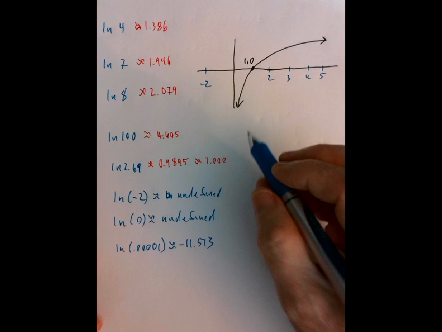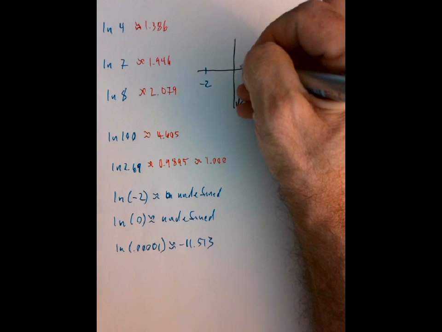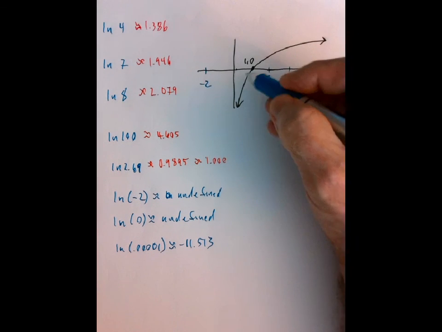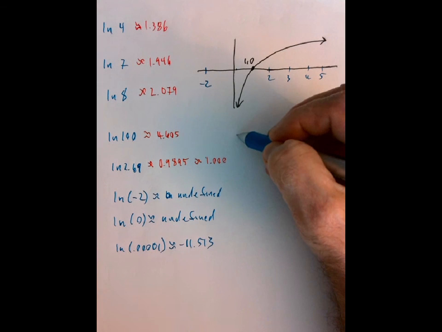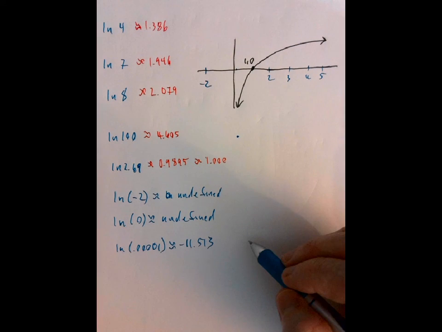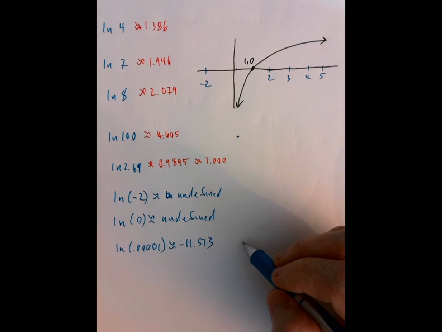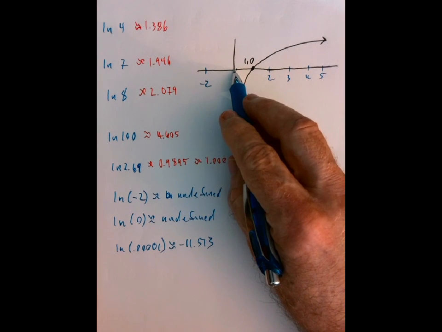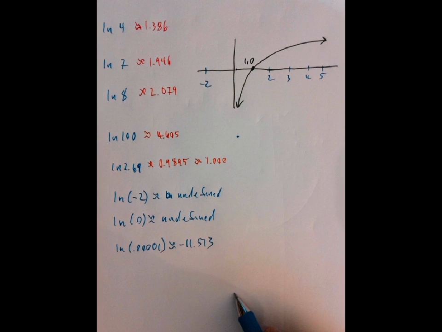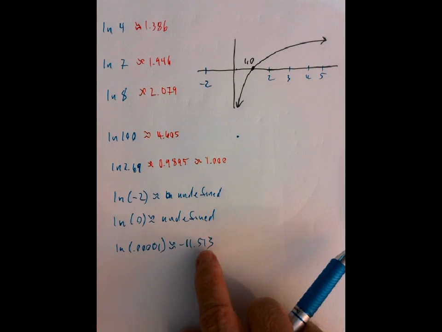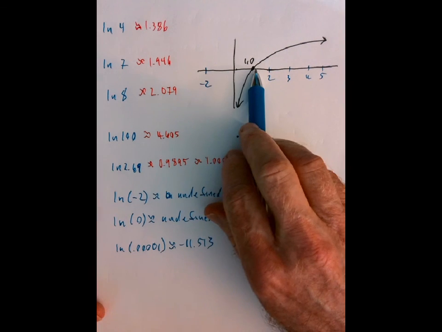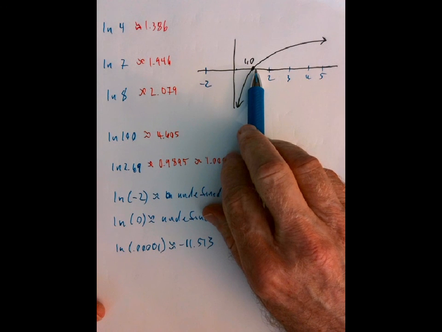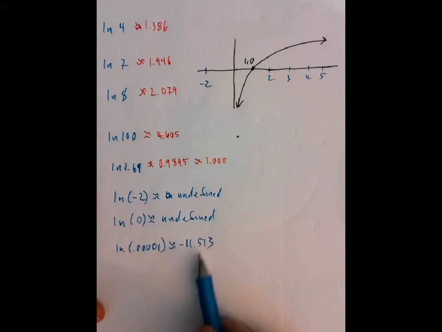As you can see, at a tiny value of 0.0001 right there, that's down here in the negative range. The y value is. And the closer we get to 0, the further down this will be. Try it out. In fact, any value for a logarithm between 0 and 1, which is a fraction, will give you a negative number here. Okay? Very good.